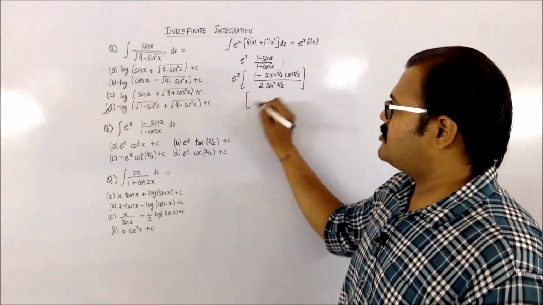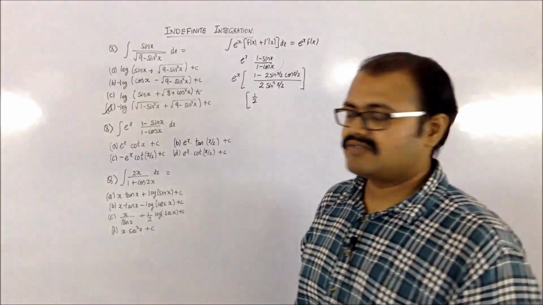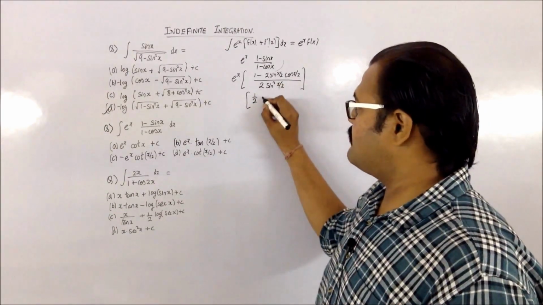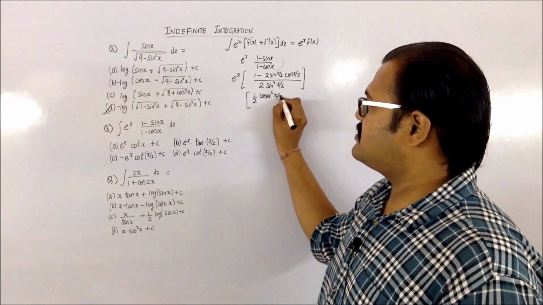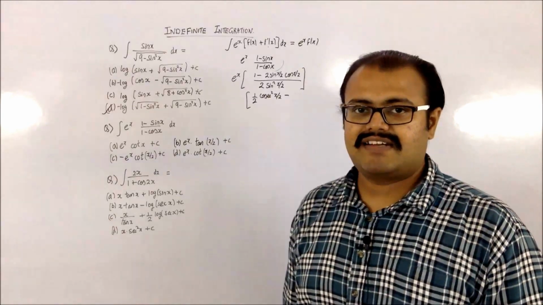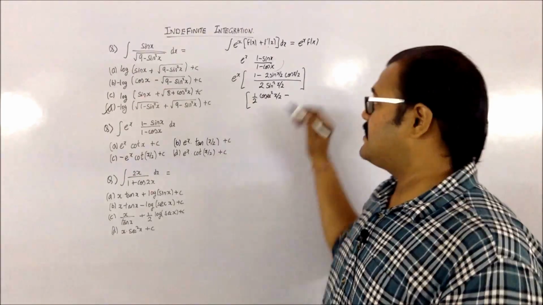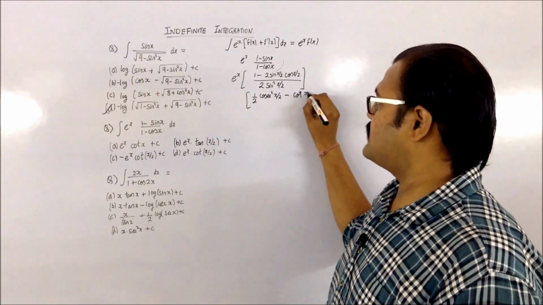When you split this up, you will have 1 by 2 into 1 by sin square, which is nothing but cosec square x by 2, minus this 2 and 2 gets cancelled, one of the sin gets cancelled, and you have cos upon sin, which is nothing but cot x by 2.